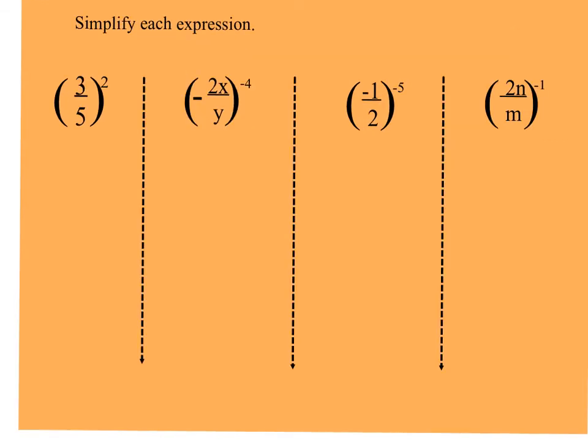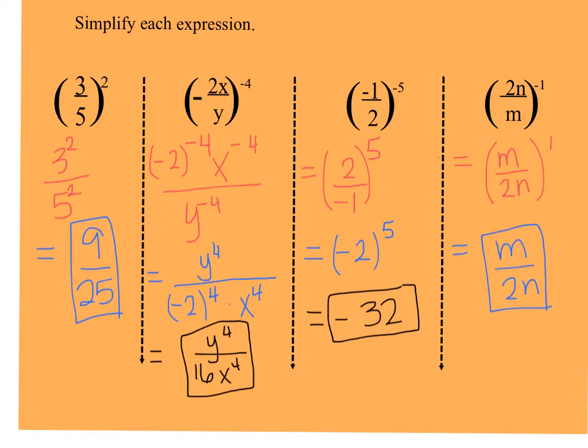Try what you learned on the last page for these 4 examples. Press pause, come back and see how you did. And here are the answers. I tried to show each row of work in a new color. So the red is where how I simplified the problem begins, and then the blue is the next step, and then if it required a third step, that was written in black.